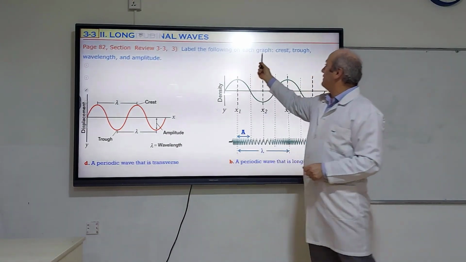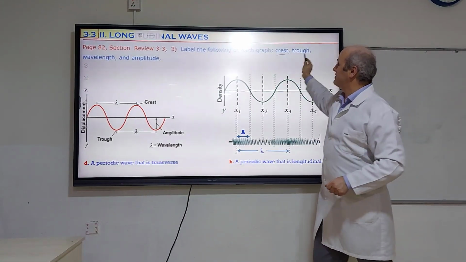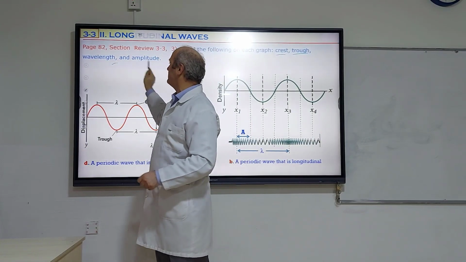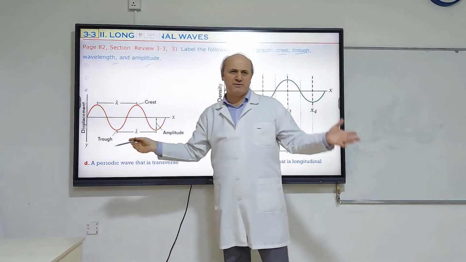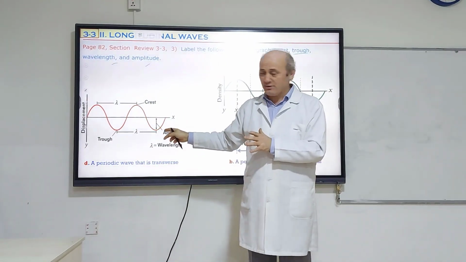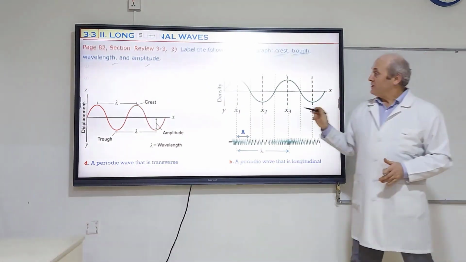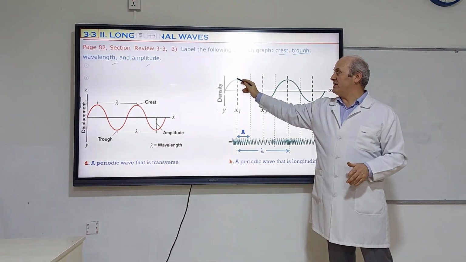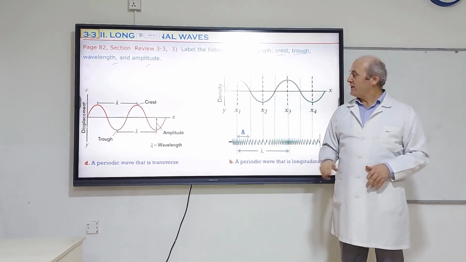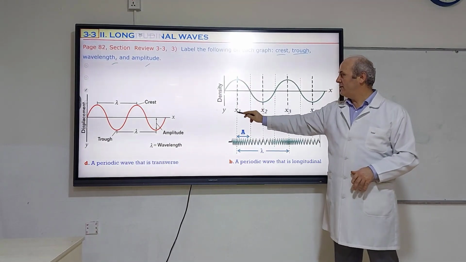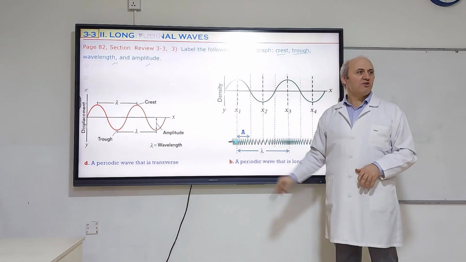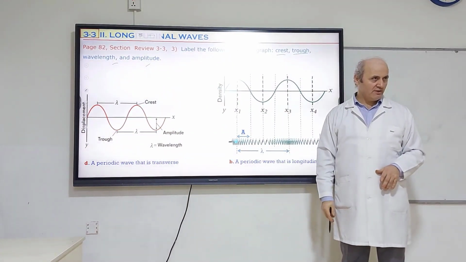Label each graph: where is the crest, where is the trough, where is the wavelength, where is the amplitude. About the transverse wave, everybody knows it. We defined it, so I'm not going to talk about it. I will talk about the longitudinal wave. The crest of the density wave corresponds to compression. Compression is a crest.